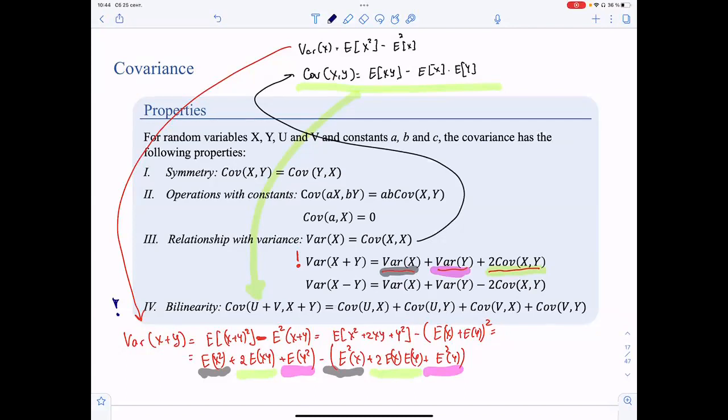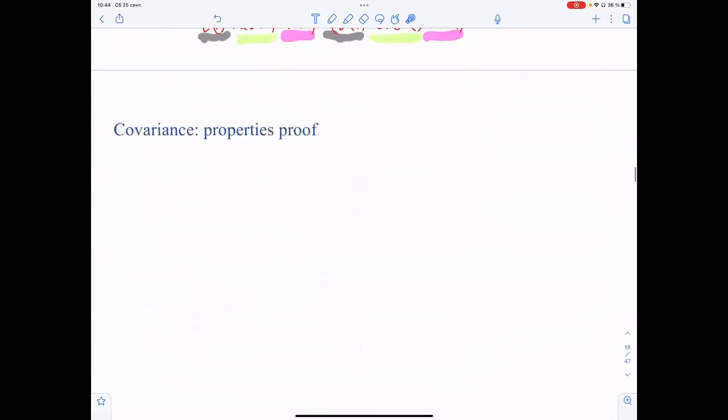So the covariance of two sums is a sum of covariance of all possible pairs. So basically, u and x, u and y, v and x, v and y, and that gives you the total covariance. So it's pretty linear.